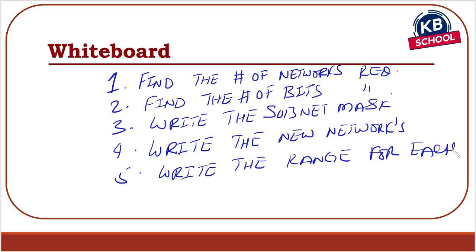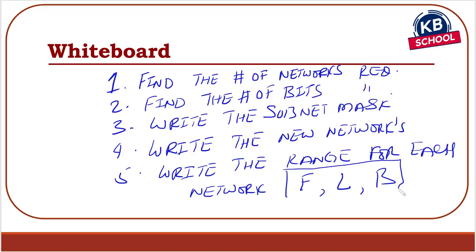When I say write the range, what do I mean? The first, the last, and the broadcast. That's your range. First usable address, last usable address, and the broadcast address.